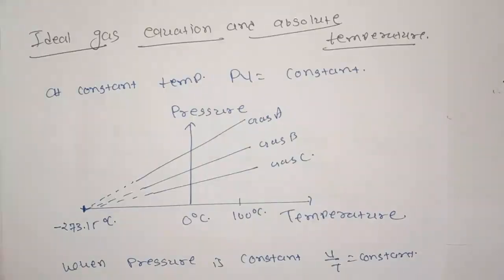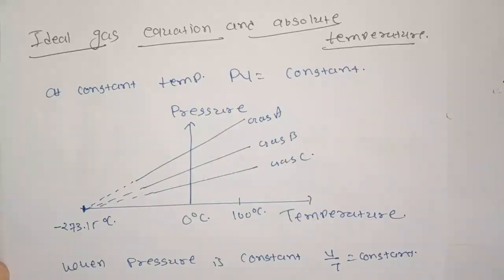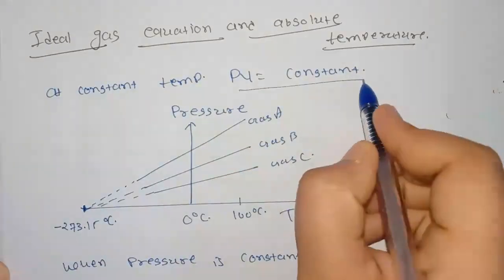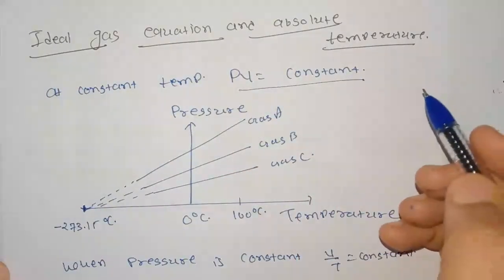Now let us see the ideal gas equation and the absolute temperature. The experiments show that all gases at low densities exhibit the same expansion behavior. When temperature is kept constant, the pressure and quantity of gas, that is volume, are related as PV is equals to constant, that is Boyle's law.